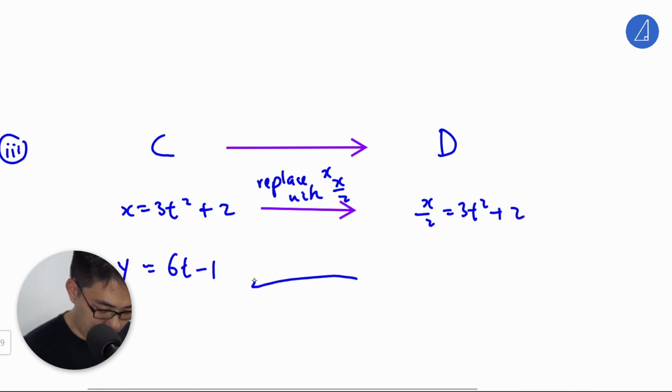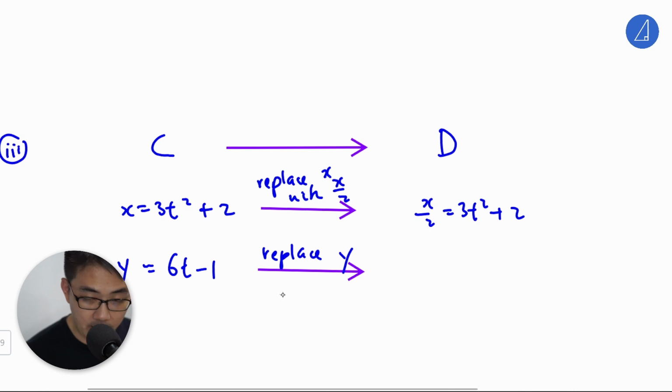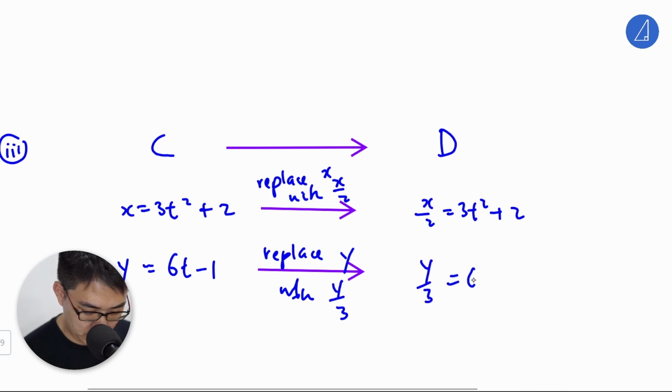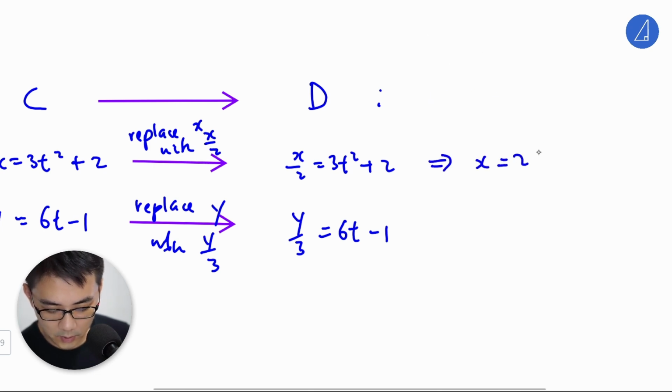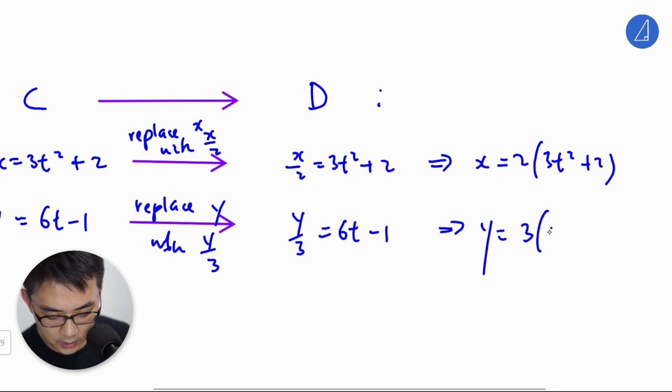Similarly, replace y with y over 3. So this is y over 3 equals 6t minus 1. So D will be x equals 2 times 3t squared plus 2, and y equals 3 times 6t minus 1.